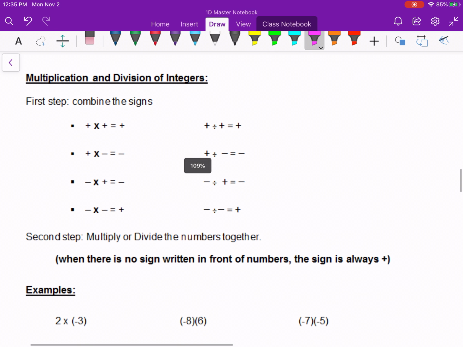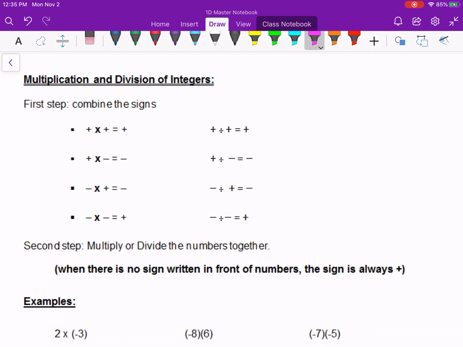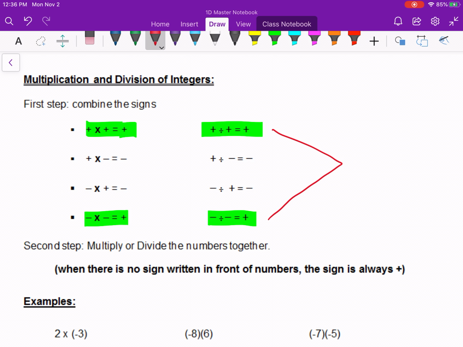The same rules for combining signs apply if we're multiplying or dividing. So again, if we've got two of the same signs, plus plus becomes plus, whether we're multiplying or dividing. And negative negative becomes a positive, whether we're multiplying or dividing.